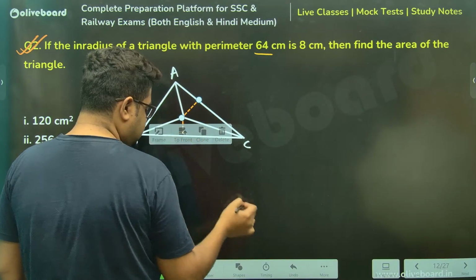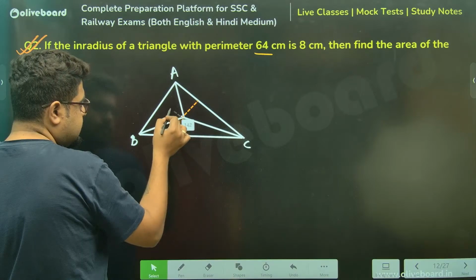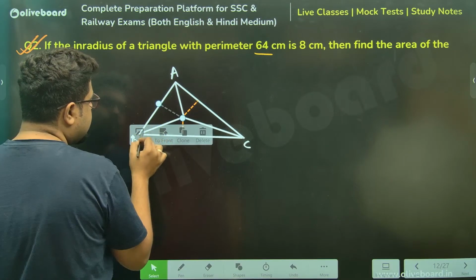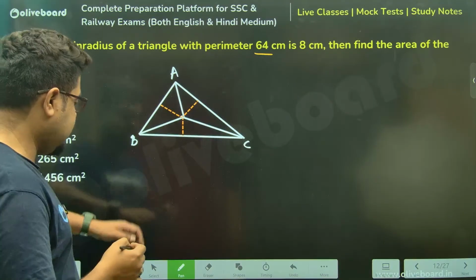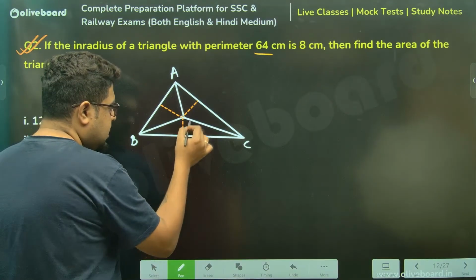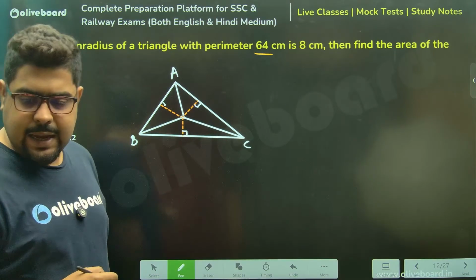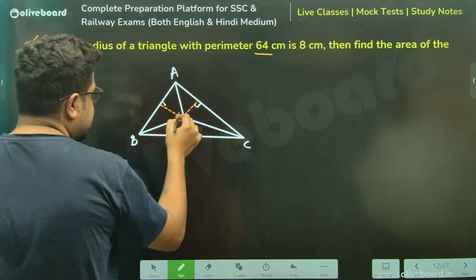These are all 90 degrees, sir. Perfect. Inradius.